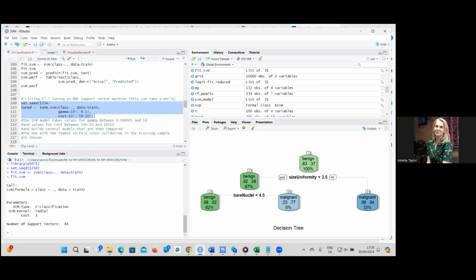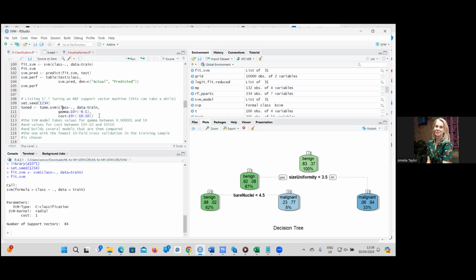If you have a larger value of gamma, then you have a larger number of support vectors. And by default, gamma is set to 1 over the number of predictors. So if you have 9 predictors, that will be 1 over 9. And the cost by default is set to 1.